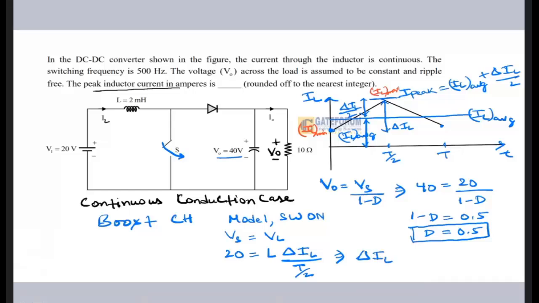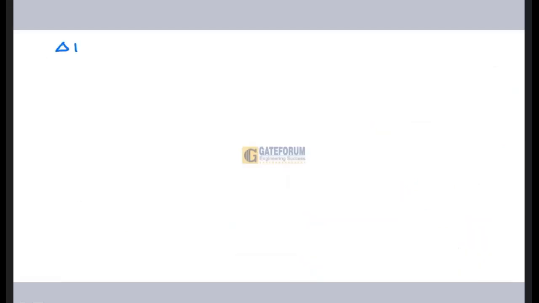What is the delta IL we're getting? It will be Vs T by 2L, so it is Vs by 2FL. So delta IL is coming out to be Vs by 2FL.